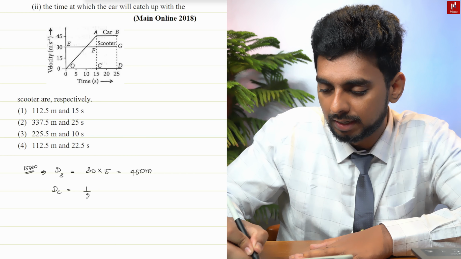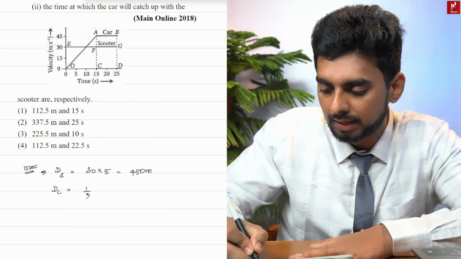So that leftover time will be from that 15 seconds. Okay, so let me get the equation. First I'll have to put this 337.5. This was the distance that it has covered, 337.5. So this was the distance that it has already covered before reaching that constant velocity.